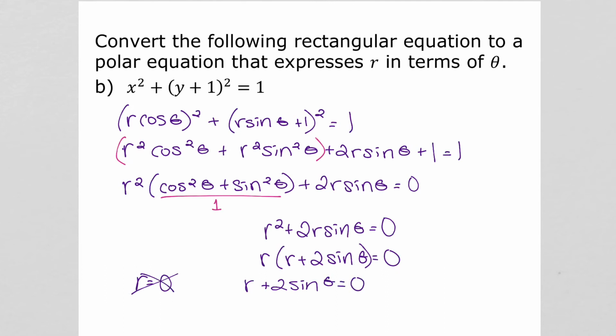We don't really care about this one. We just care about the one that has the trig expression in it. So I'm going to subtract 2 sine theta from both sides. And so r is negative 2 sine theta. So r equals negative 2 sine theta is the same equation as x squared plus (y plus 1) squared equals 1.